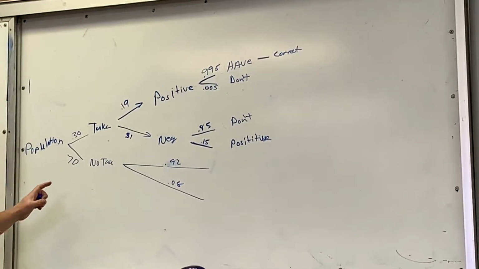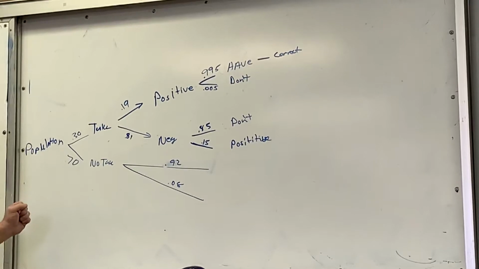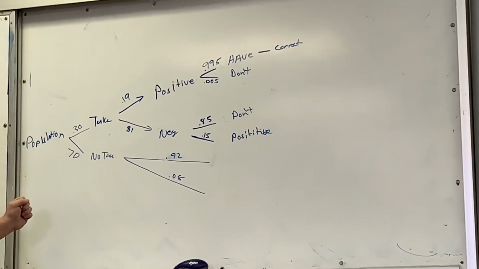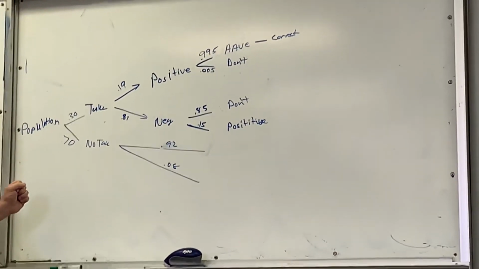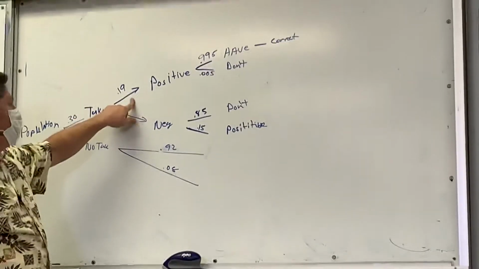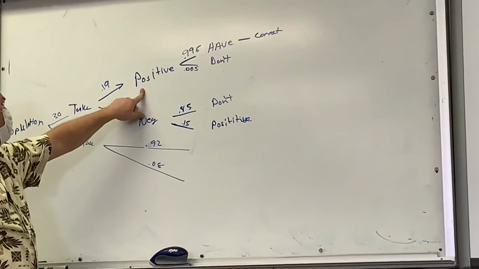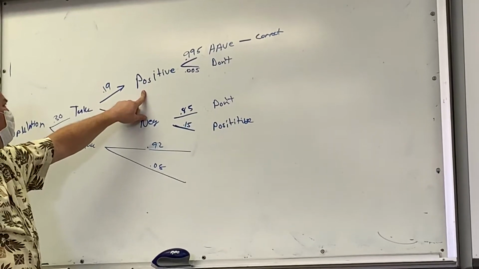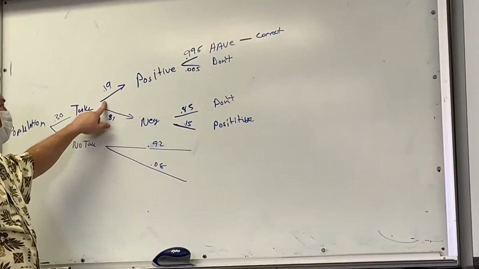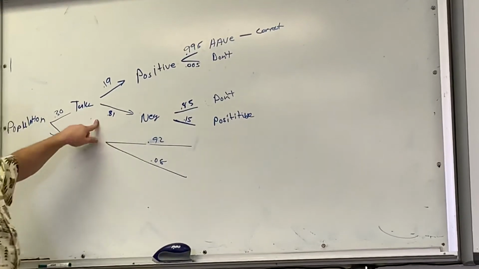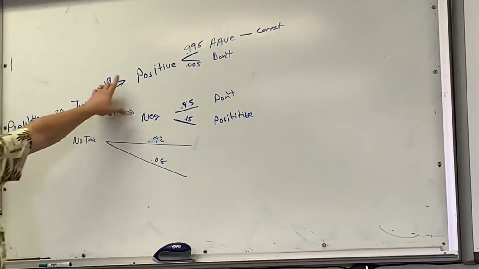Okay, yeah. Wait, is that right? I might have messed this up. So you take the test and 19% are going to say positive? Or is this the false negatives? Oh, this is the false negatives over here. Oh, this is the percent that come out positive. Yeah, that's right. This is right.